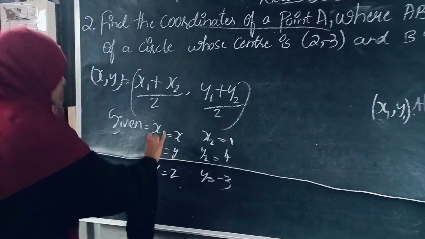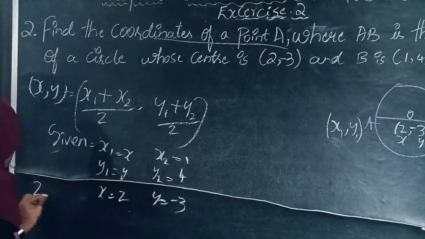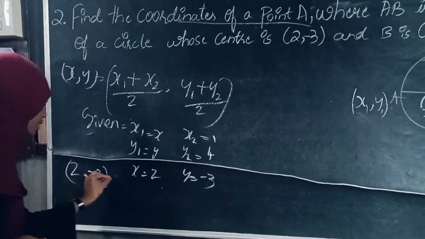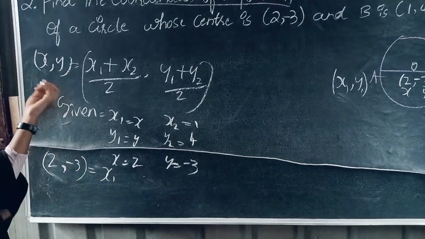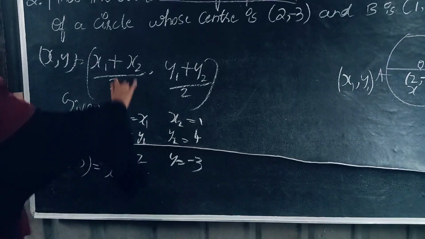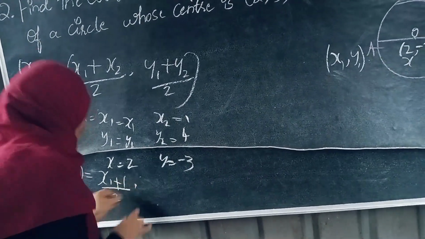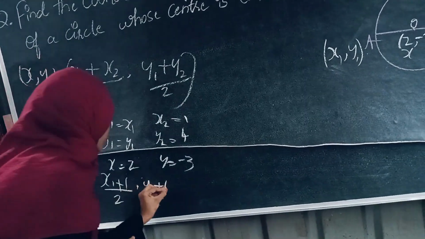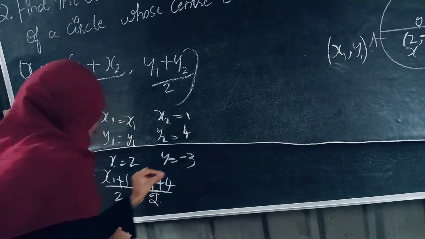Next we will put these values in this formula. 2 comma minus 3 is equal to x1 plus x2, which is 1, divided by 2, comma, y1 plus 4 divided by 2.